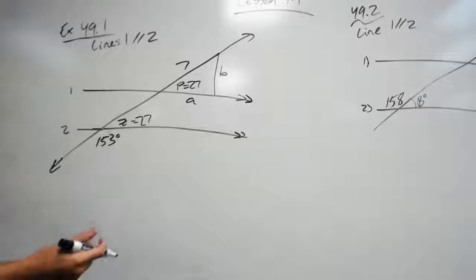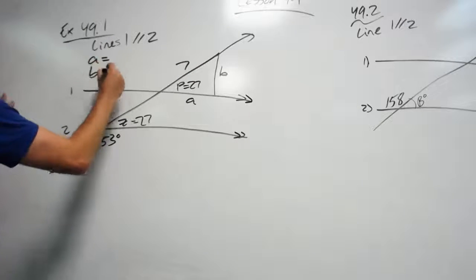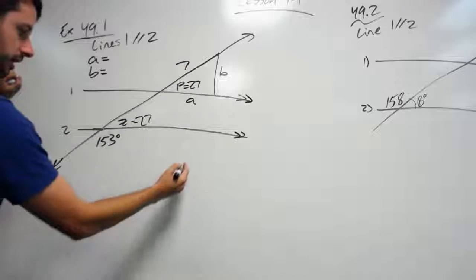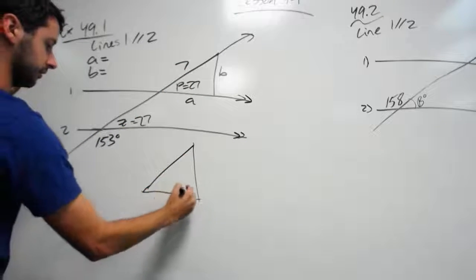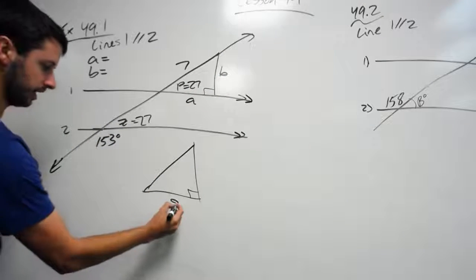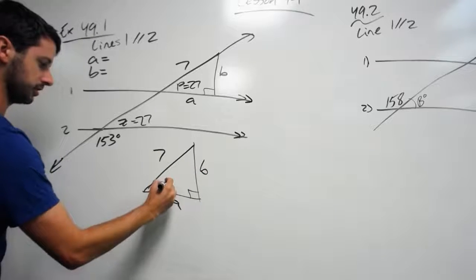However, the problem actually wants us to find A and B. So now we're to this triangle here, and I want to isolate this triangle. There is actually a right angle sign in the problem. Forgot to draw it. We have A, B, 7, and we know this is 27 degrees.